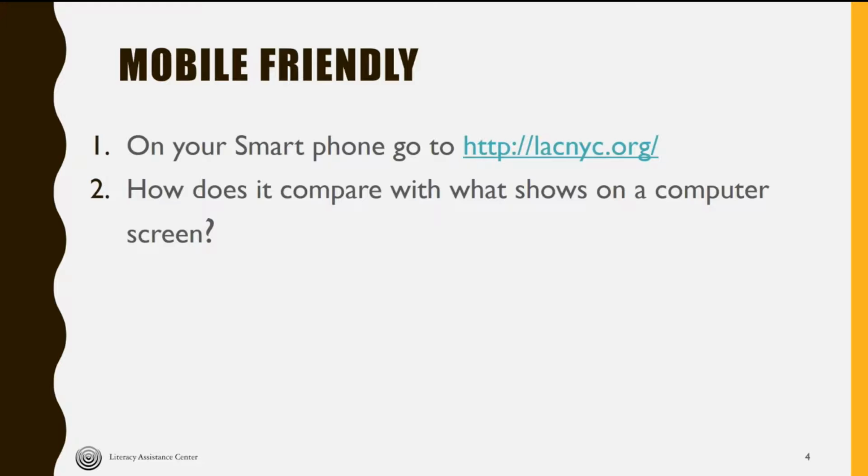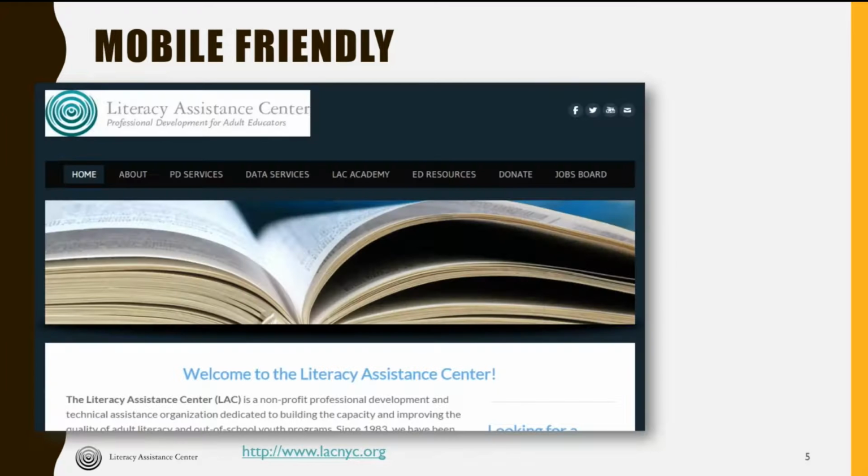And I'm going to show you the next slide here. This is what it looks like on my computer screen. We created our website using something called Weebly, which automatically makes the design that you're creating, most of the time, for a computer screen. It's a more horizontal layout, but then it will automatically change that and make it something a little bit more vertical.